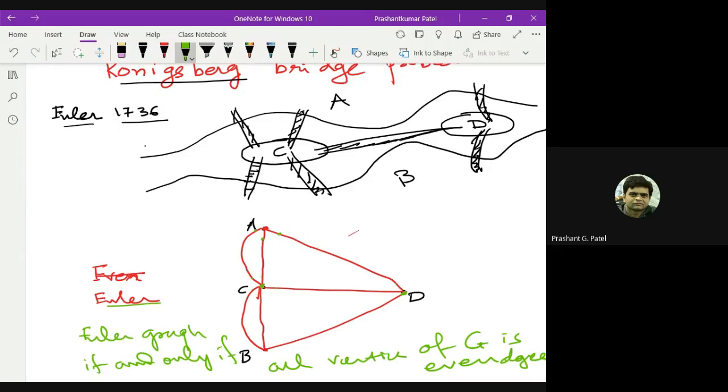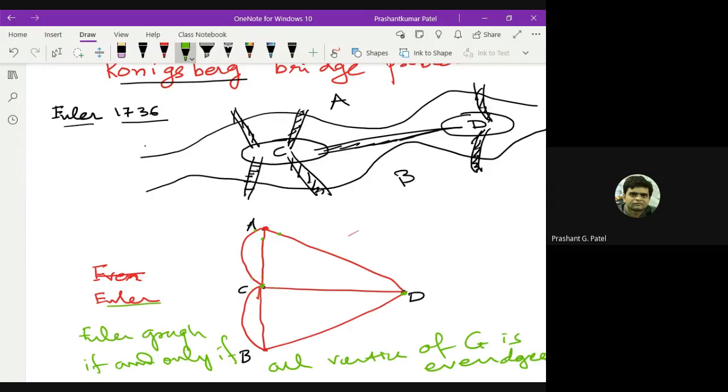This statement says that such a path is possible if all the vertices are of even degree. Here you can note that this graph is not Eulerian due to this result. So this type of walk is not possible.